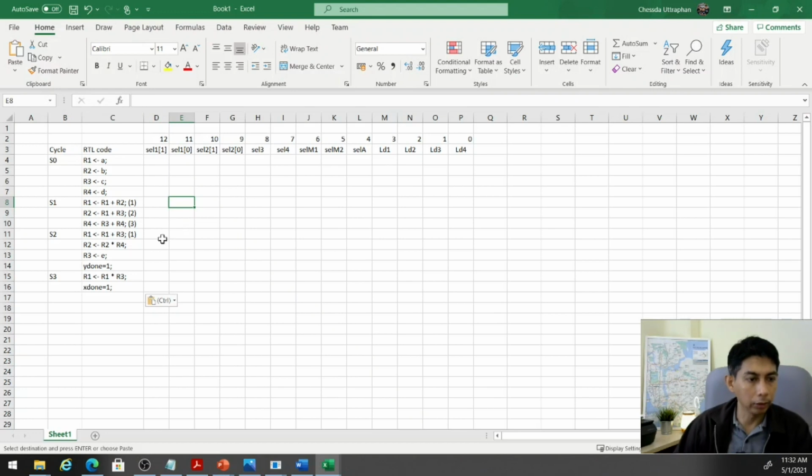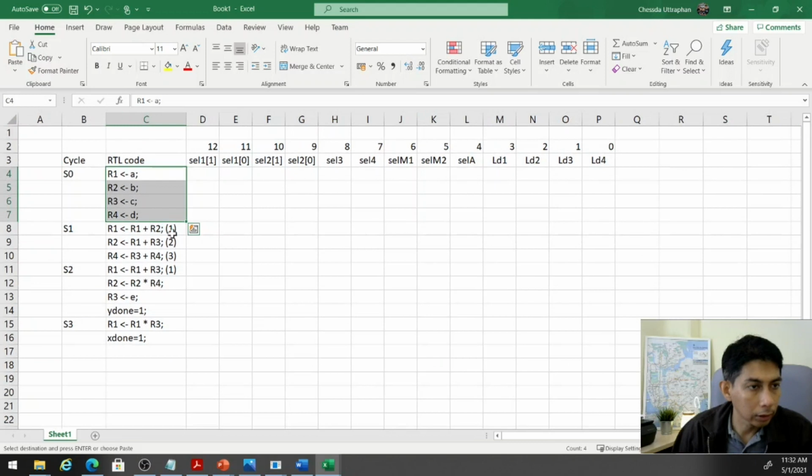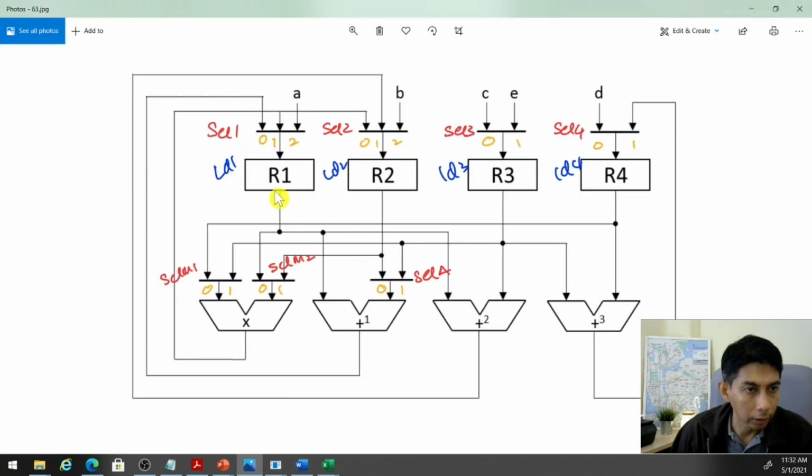So now for the first cycle, we want to do this. To do this, what we need to do is look at the design here. For example, we want to load A into R1.